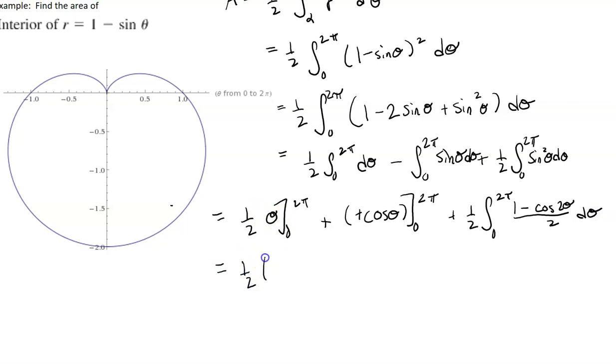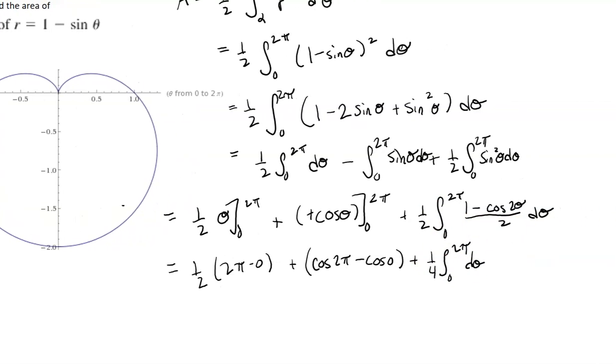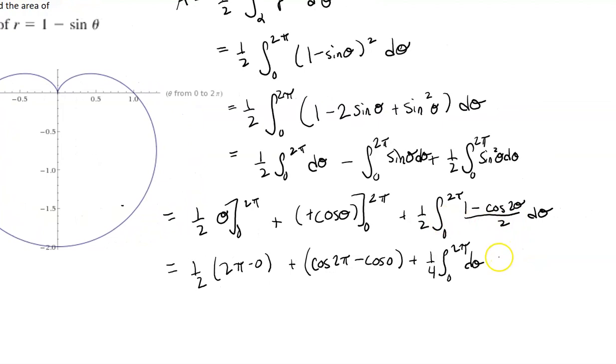So this gives me 1/2 times 2 pi minus 0 plus cosine of 2 pi minus cosine of 0 plus, now we're going to have the 1/2 times 1/2 is 1/4 times the integral of d theta. And then here we'll have minus 1/4 times the integral from 0 to 2 pi of cosine of 2 theta d theta.